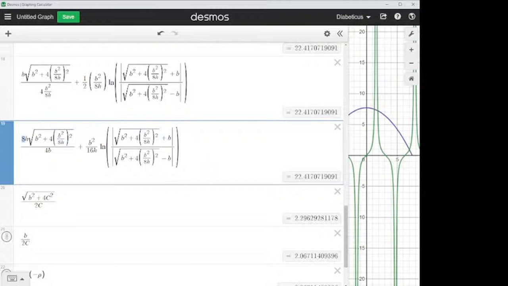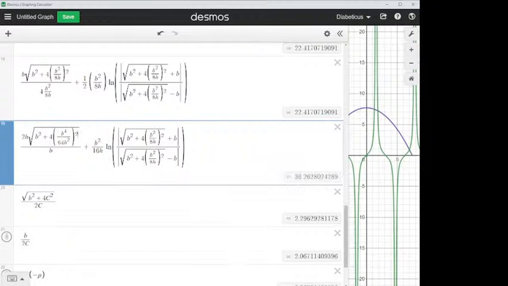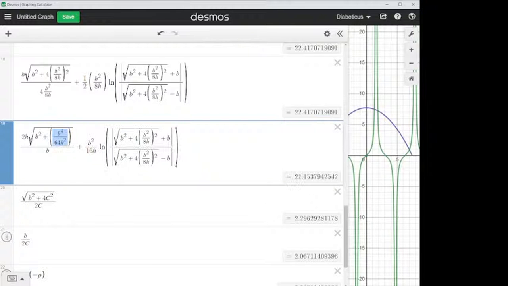This is gonna become a 2. Okay. This is a good banger. Before, and 64h squared. Okay, so far so good. This 4 is gonna be 16. Alright.